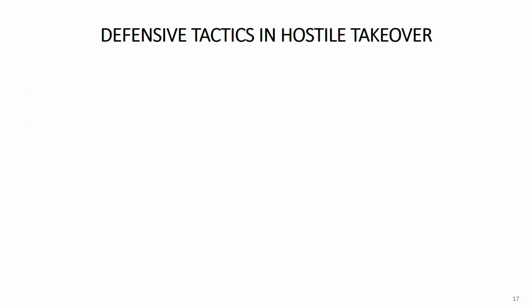Next we have defensive tactics in hostile takeovers. Most of the time you see that takeovers are not friendly takeovers, they're hostile takeovers against the wishes of the management of the target company. They don't want the takeover, and it has happened against their wishes. So they want to stop that takeover from happening. There are so many tactics which they apply to stop it.